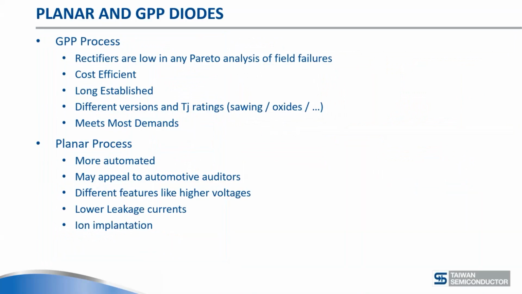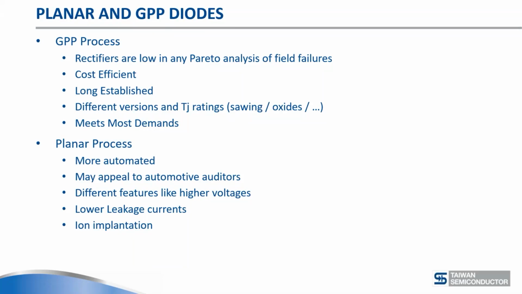So here we are comparing the planar and the GPP process in one slide. The GPP process has long been out there. Rectifiers are low in any Pareto analysis of field failure, so they usually don't show up very often in a field failure in a power supply or a device. If they are adequately rated by, let's say, 20%, and you don't push the junction temperature to the limit, you're probably okay with the rectifiers and won't see that many field failures.